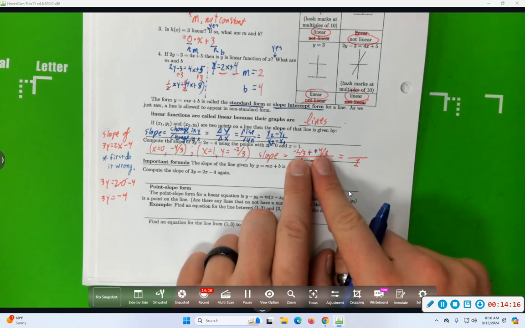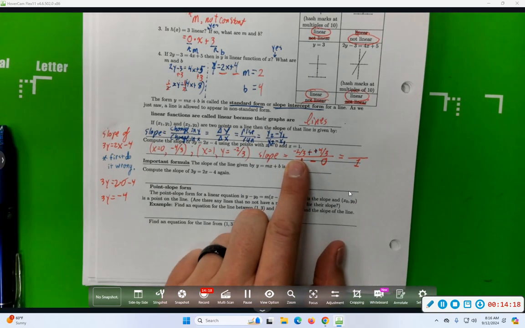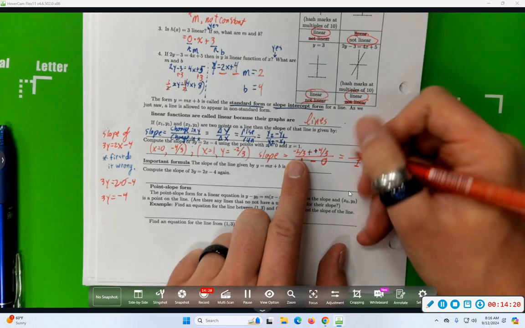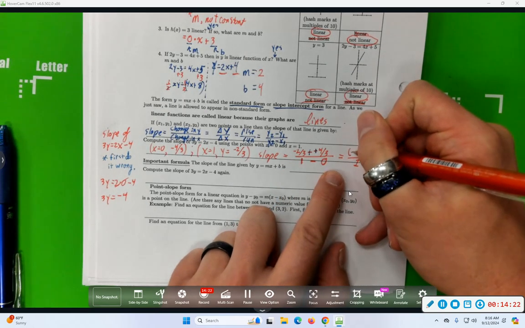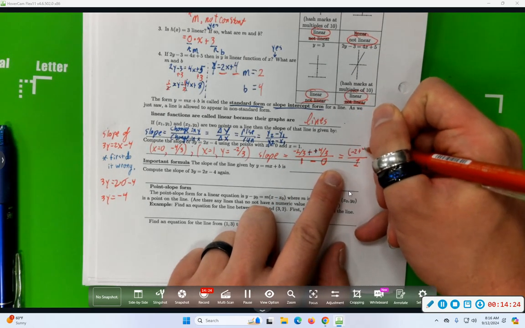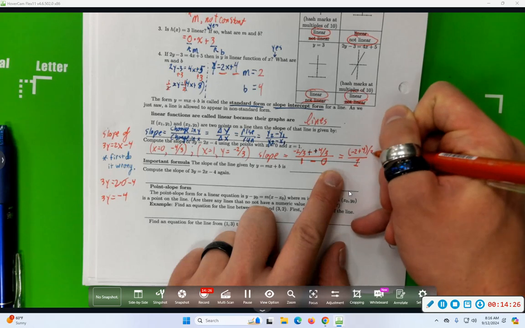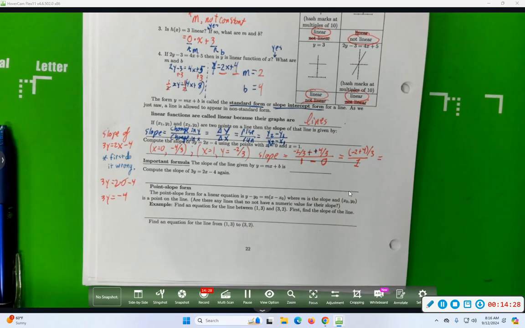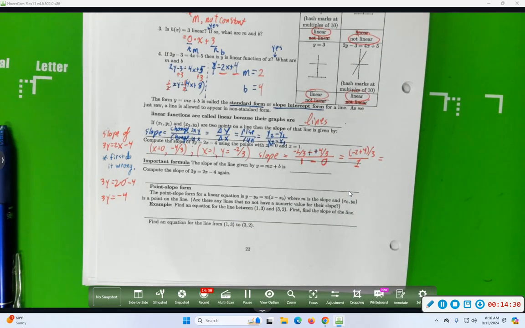So I can add these numerators, and I will get parentheses negative 2 plus 4 over 3. So far so good? At least feel familiar? And now let's just keep simplifying. Tell me what you would want to do to that next to simplify.